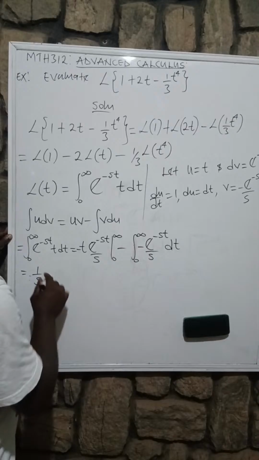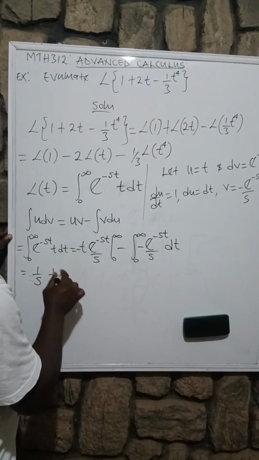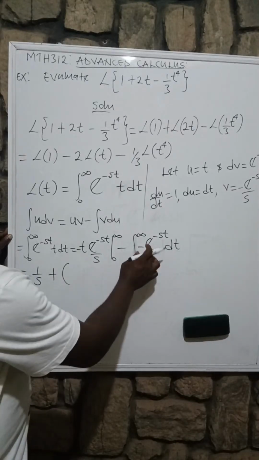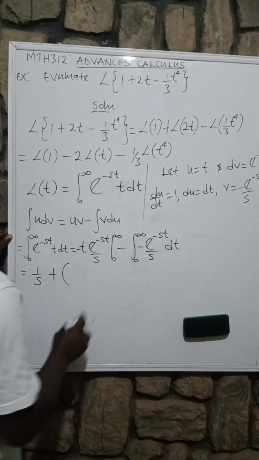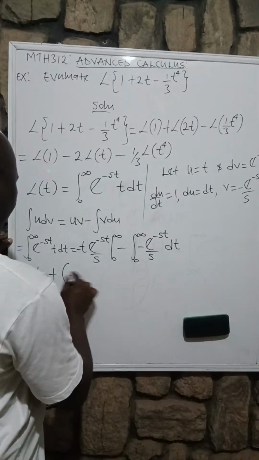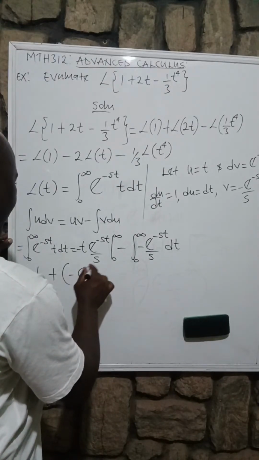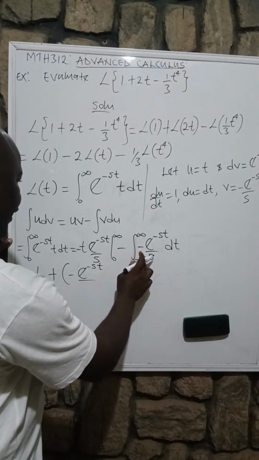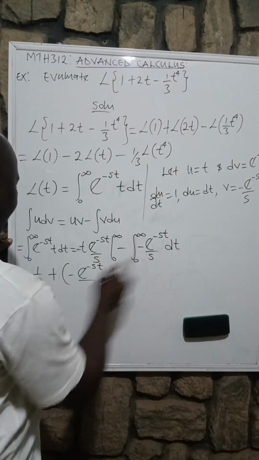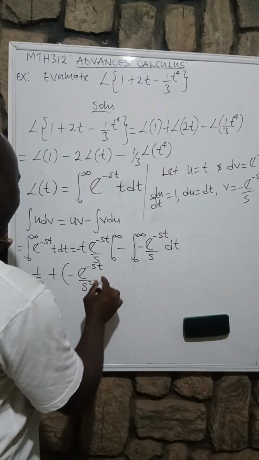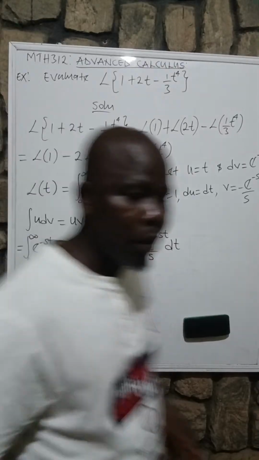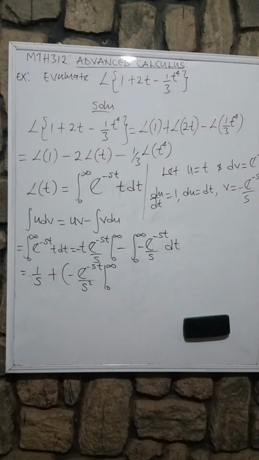The minus times minus gives plus. When we integrate this, we are going to have minus exponential of minus st all over s times this s, that is s squared, right, from 0 to infinity. True or false? It's true, right?